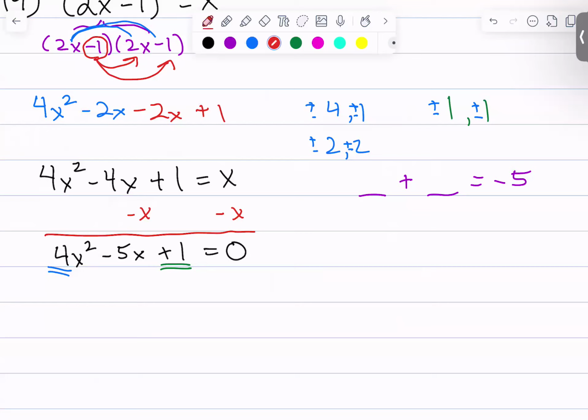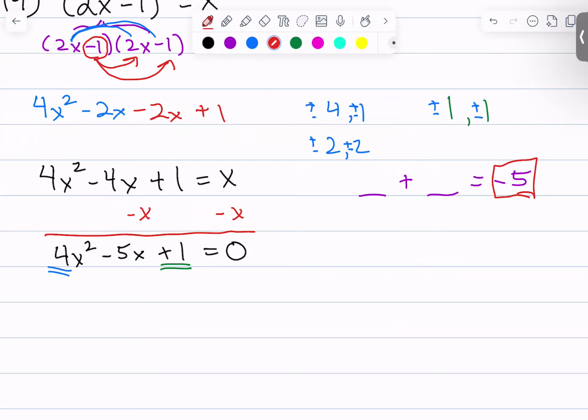Why do I have to use the negative versions of these numbers or some of these numbers? Yeah, because my sum has to be a negative number, right? So it must be a combination of negative numbers up here. Does that make sense? Yeah, to get the sum of a negative number, I need to add negative numbers.